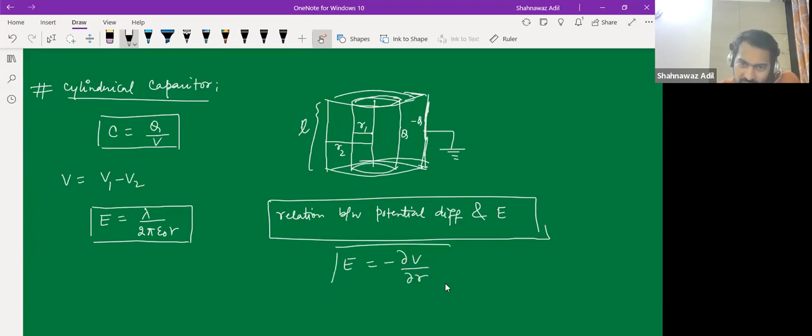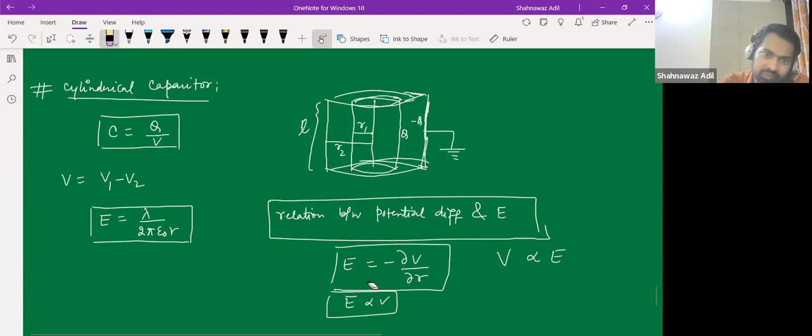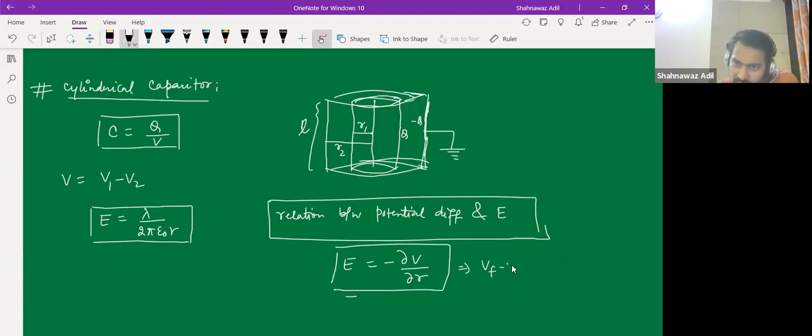This we know, but I am asking the opposite: how is V related to E? E dot dr. Yes, you are right. V final minus V initial is what?